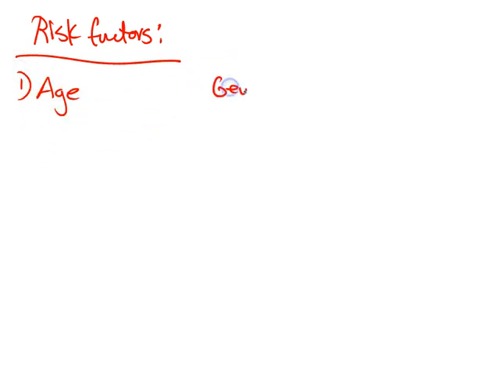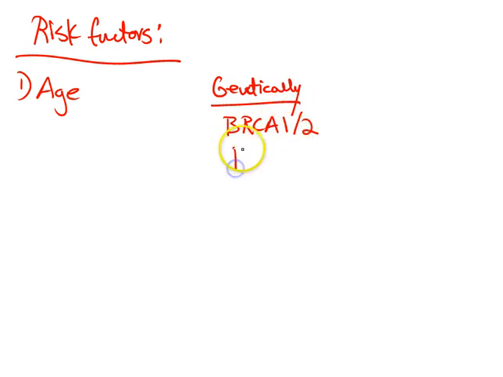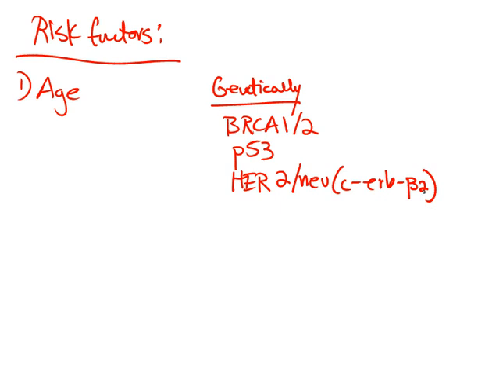Genetically, some risk factors may include the BRCA1 or 2 mutation, P53 mutation, the HER2, like we said, which confers a terrible prognosis, the RAS, this one's not that big of a deal, and first degree female relatives with breast carcinoma.